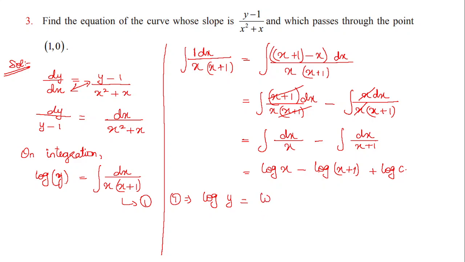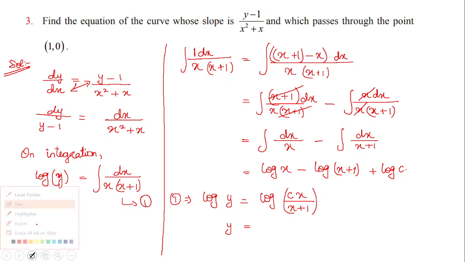So we get log of c x divided by (x plus 1). Now if we take the antilog, we will get the equation as y is equal to... sorry, here the left side should be log (y minus 1); I wrote only log y.